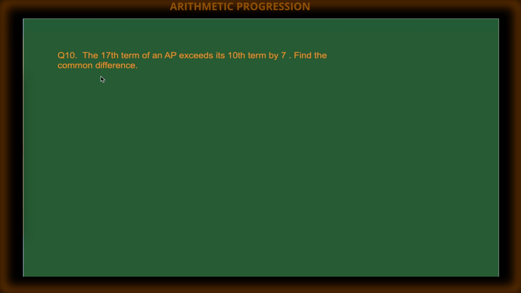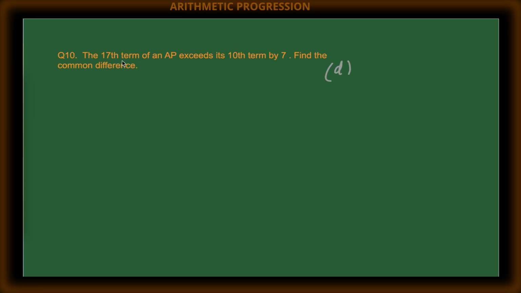Okay, so let's start. The 17th term of an AP exceeds its 10th term by 7. Find the common difference. So we need to find the common difference D. Before that, what information is given? A is not given. So what has been mentioned here? We need to resolve this to get D. So how do we resolve it?